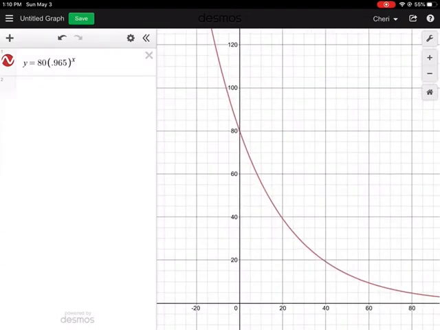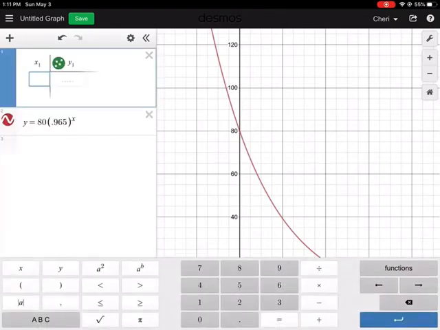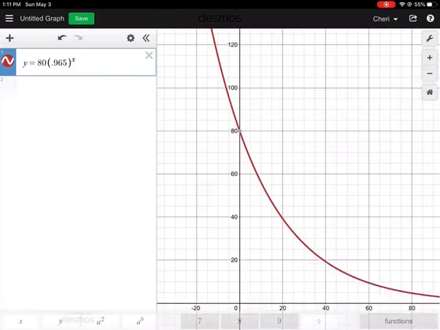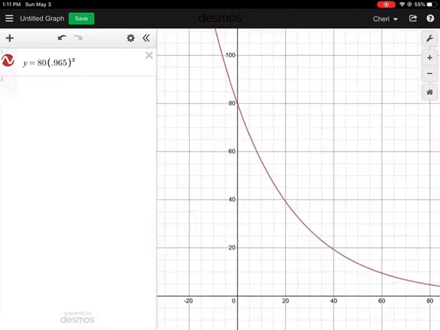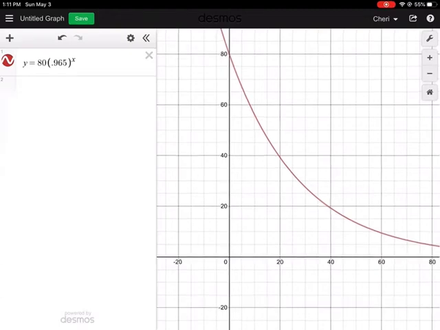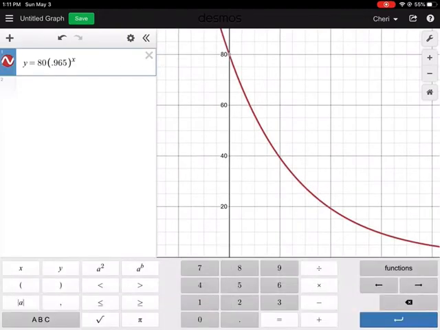It's decreasing. If I was down here, we could take a table. Let's take a look at a table. Oh, no, sorry, let me go back. It was creating a table. I thought it was going to give us the table. So here's 80, and we could take a look at where it crosses different places.